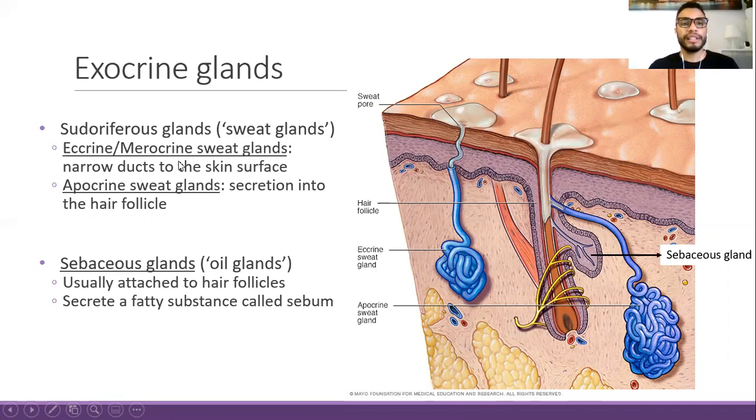So those types of sweat glands secrete watery sweat.